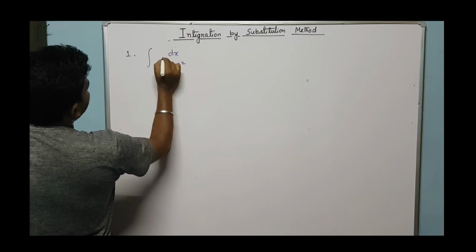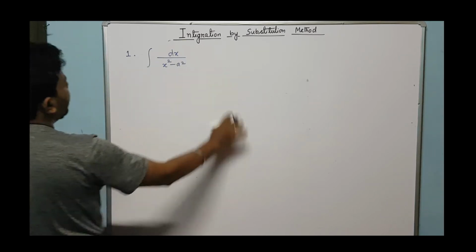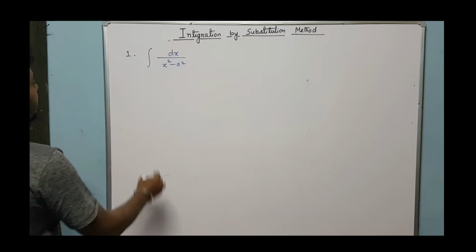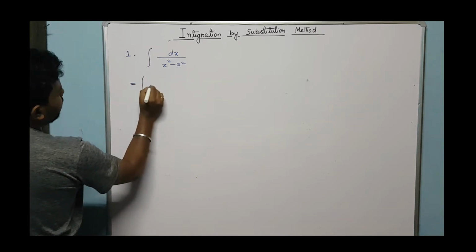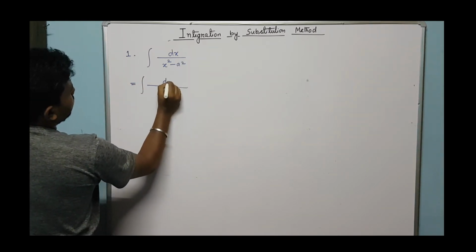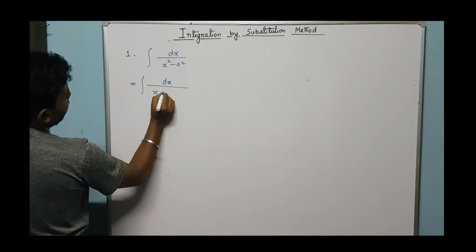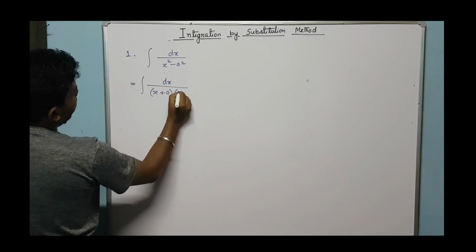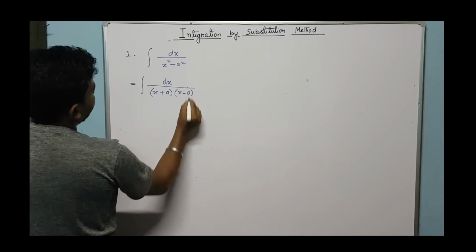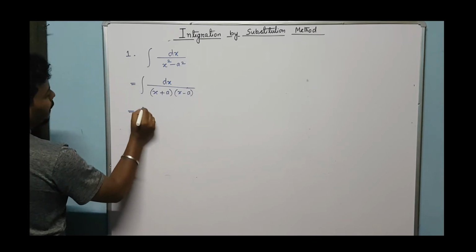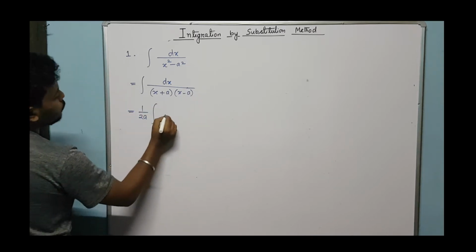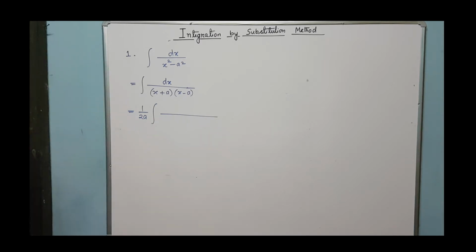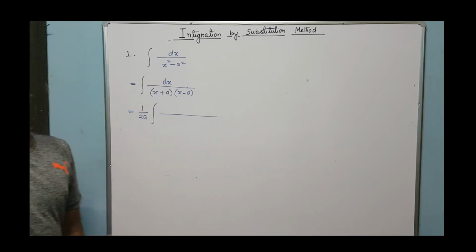See, if I factorize this, I will get x plus a by x minus a. Now multiply by the constant twice a. Here x is the variable, a is a constant.